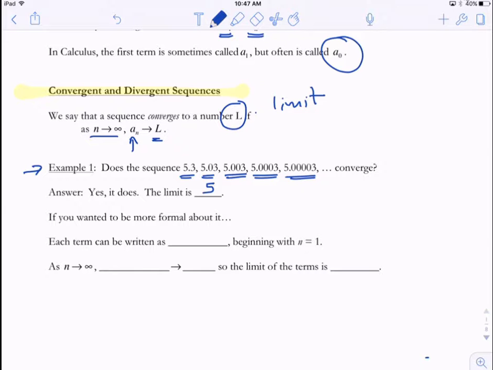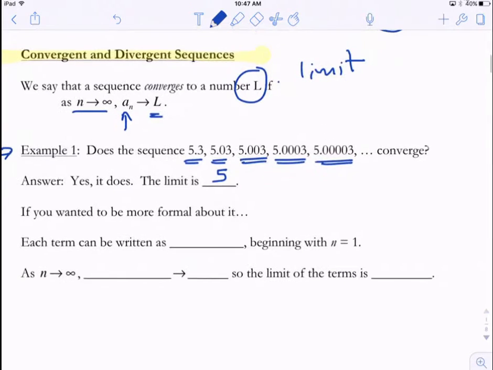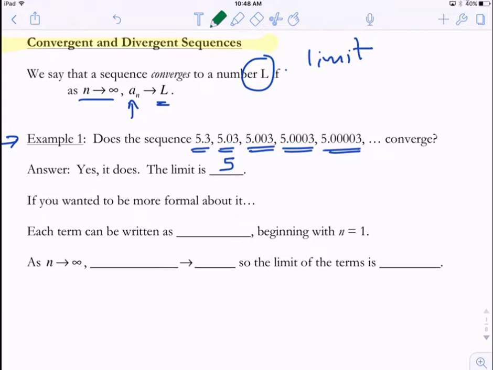If you wanted to pay a little more attention, we could write a formula for this sequence. Right? So let's do that. My first term is 5 plus 3/10. My next term is 5 plus 3/100. My next term is 5 plus 3/1000, or 10 cubed.